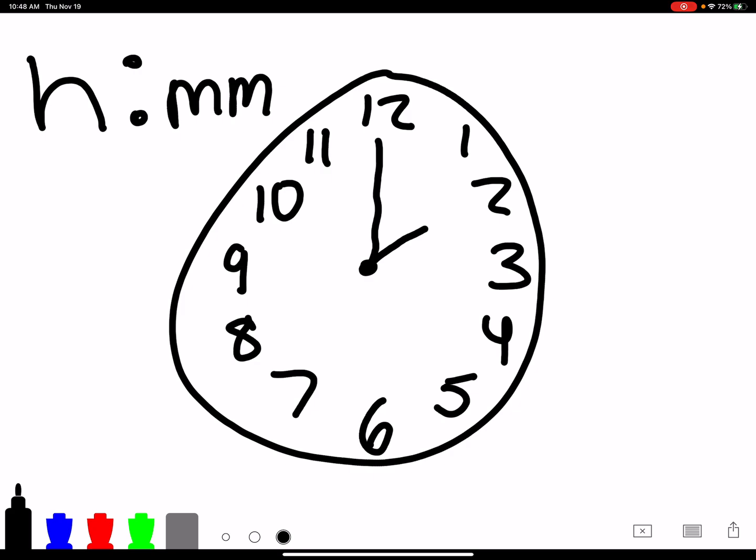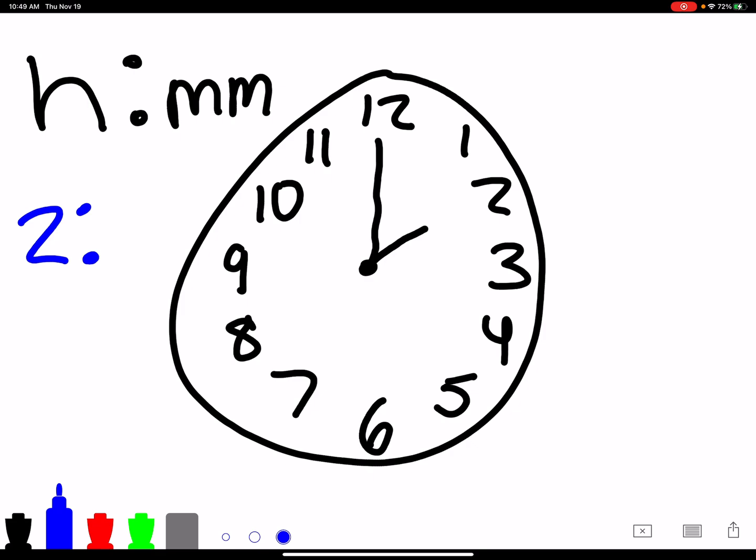The hours are easier to remember because if the small hand was on a 2, it would be 2 o'clock, or 2 hours and something else. But if it's the big hand, minutes go by every 5 minutes.